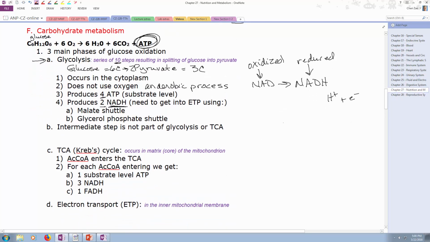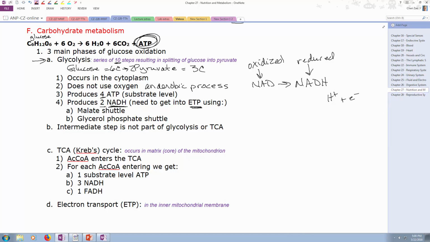Now, we want as many NADHs as we can get, because we can get a lot of ATP from NADHs. And if it's produced in the cytoplasm, we need to get it into the mitochondria where that electron transport process occurs so that we can use them. We will get them into our mitochondria via 2 pathways.